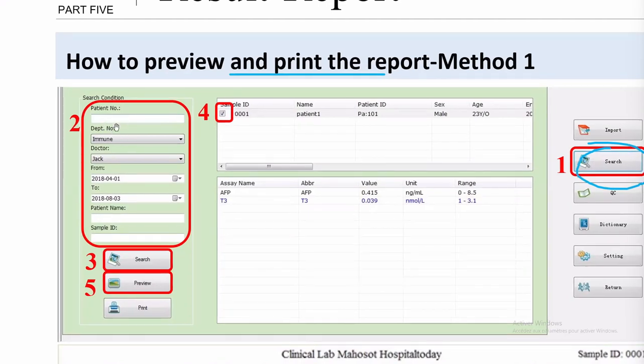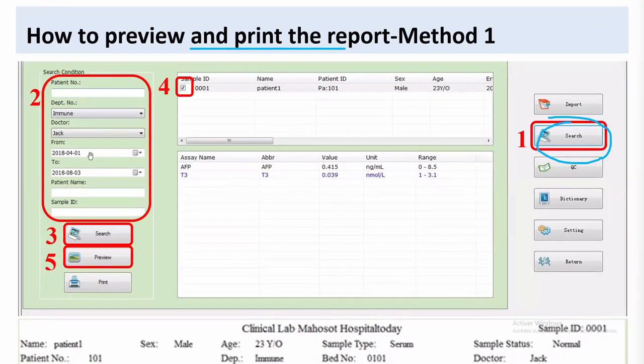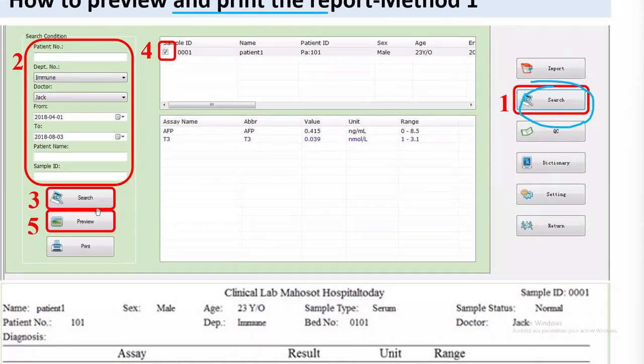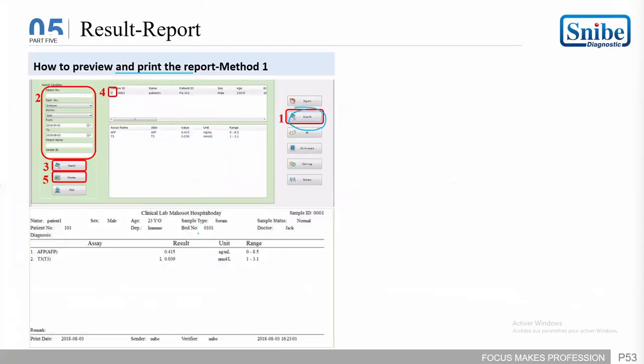So maybe the patient number, maybe the department, maybe the doctor who sent the patient, maybe a period between one day and another day, and then click search, and it will be displayed according to the criterion. You will get the result of the search, and then click preview to preview before printing, to check the report information. If everything is okay, you can confirm the print by clicking print.